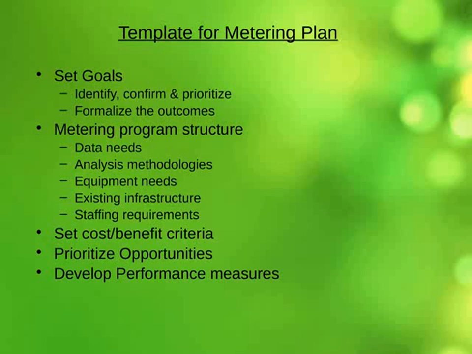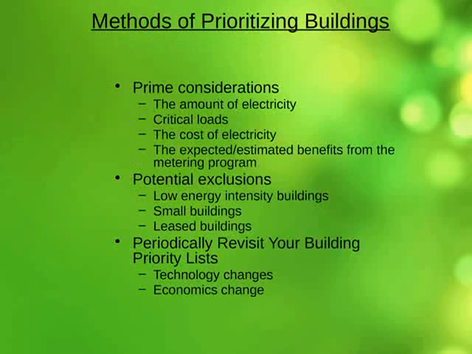Methods of prioritizing buildings. The prime considerations are the amount of electricity, critical loads, the cost of the associated electricity you're looking at, and the expected estimated benefits from the metering program.